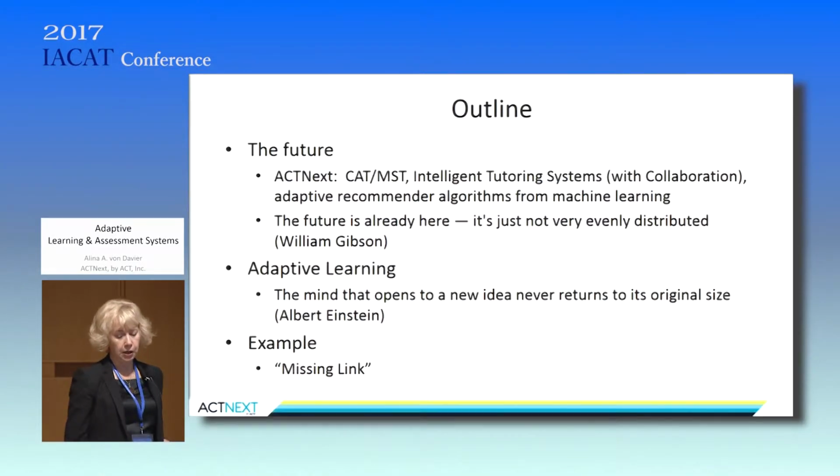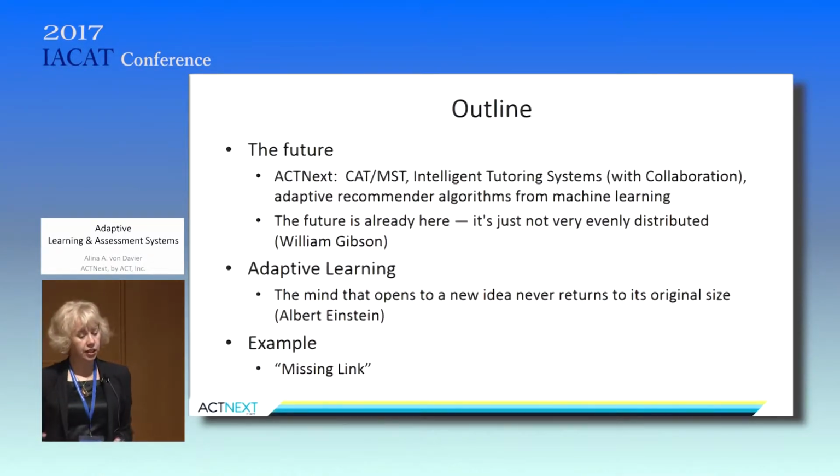Better? Yeah? Okay. So I will talk about a different way of thinking about learning and assessment systems and what it means for them to be adaptive. The outline of my presentation is I will talk first about ACT Next.